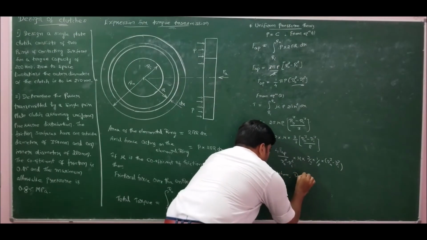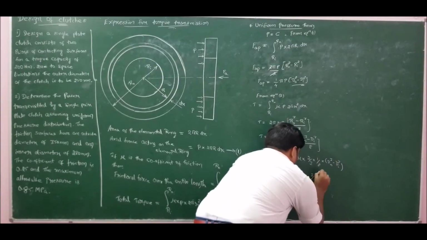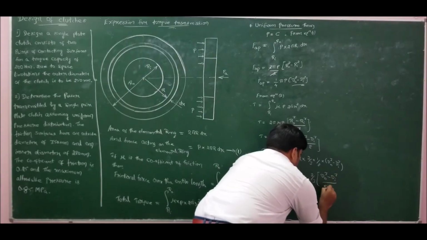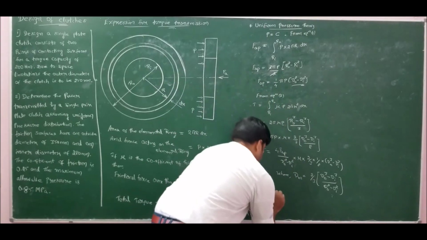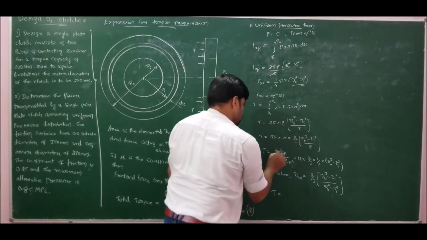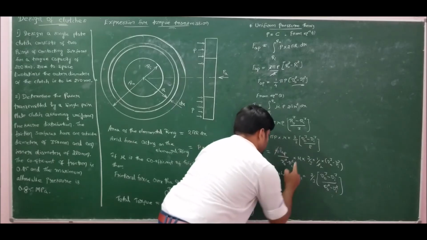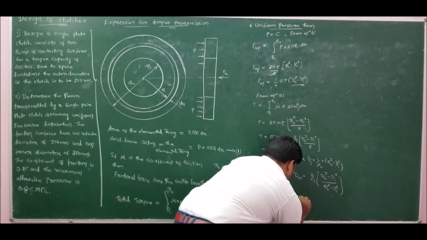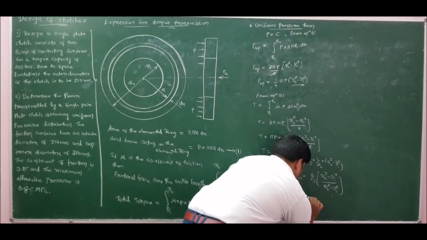where a mean diameter is defined as, mean diameter for uniform pressure theory is defined as 2 by 3 of d naught cube minus di cube divided by d naught square minus di square. So therefore, if I substitute the mean diameter and solve, I will get the expression for torque as, 4 ones are 4, 2 eights are 8, that is 1 by 2 mu FAP dm, where dm is the mean diameter.